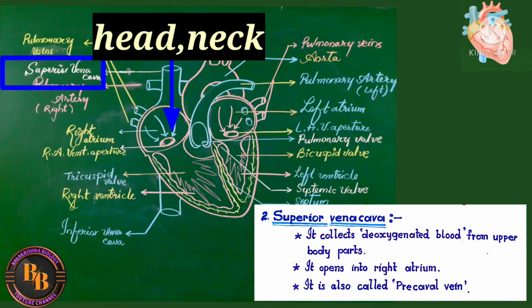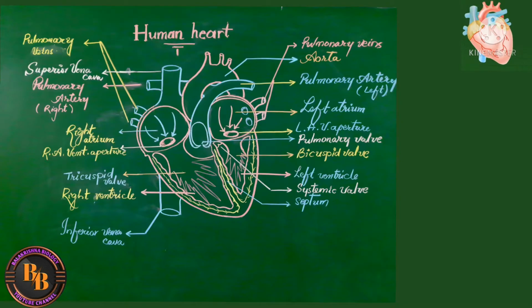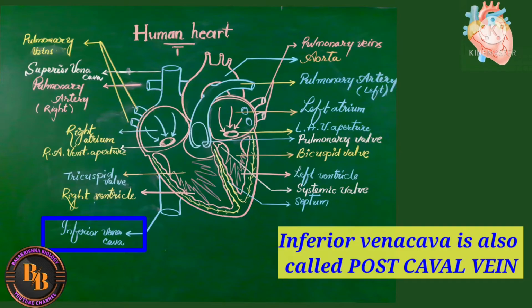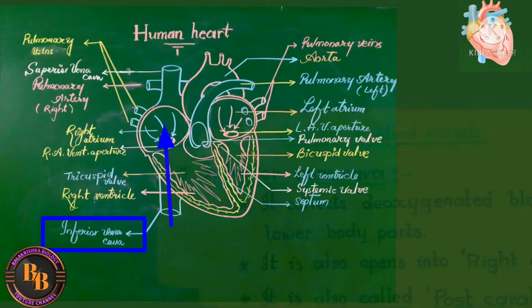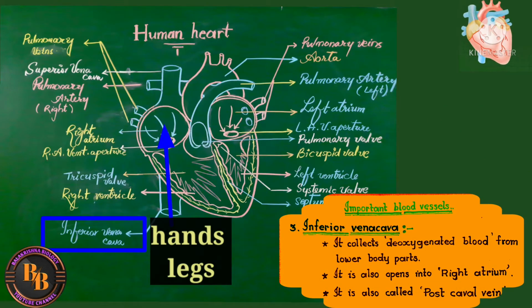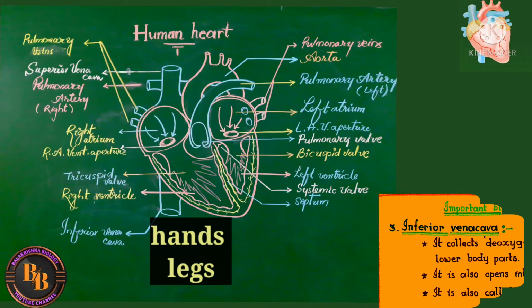It opens into the right atrium. Next, the third one is the inferior vena cava. It is also called the postcaval vein. It collects deoxygenated blood from lower body parts like the hands and legs. It also opens into the right atrium.